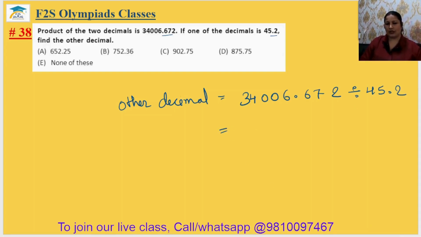Okay, just make it the like decimal and remove the decimal, and you can divide it conventionally. So after dividing it, you will get 752.36. 752.36. It is in the option number B. 38th answer is option B.